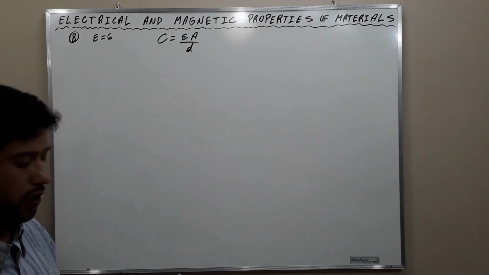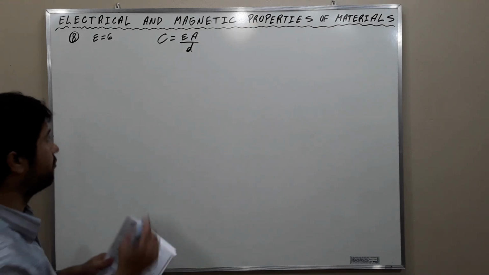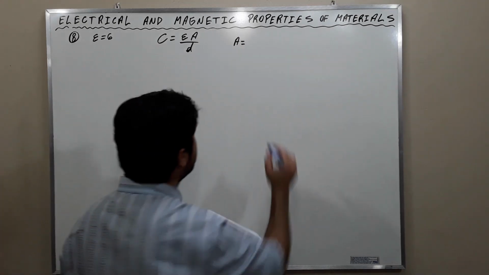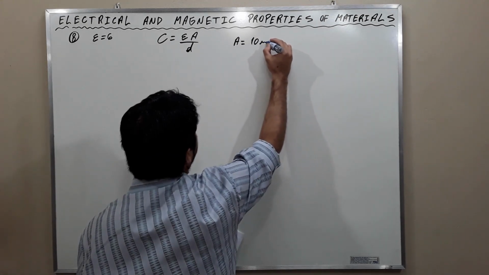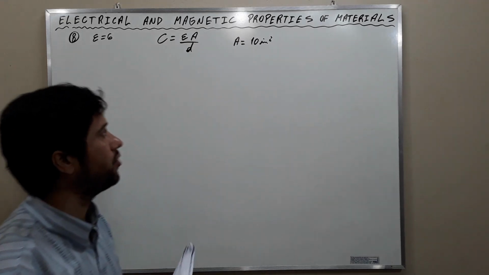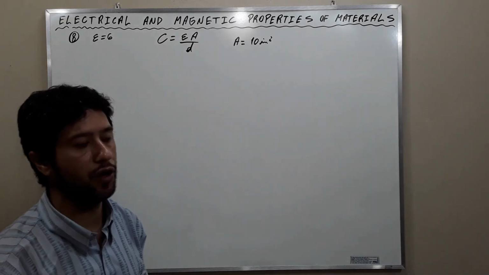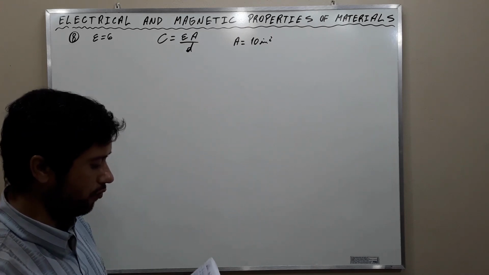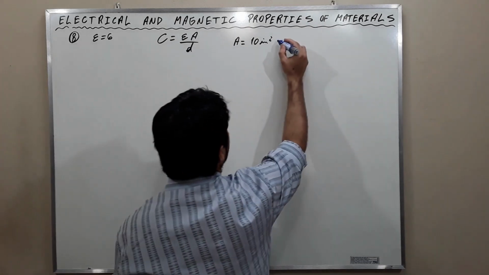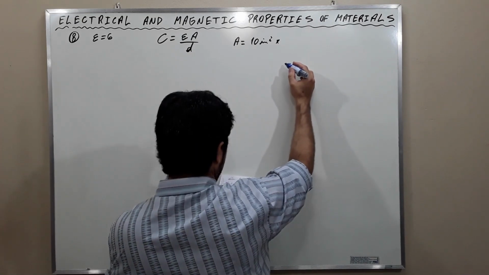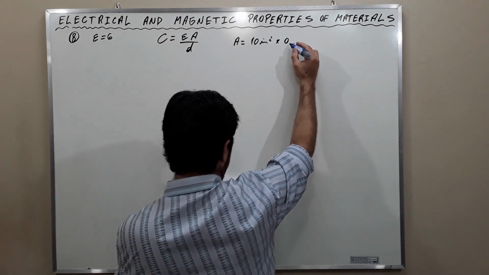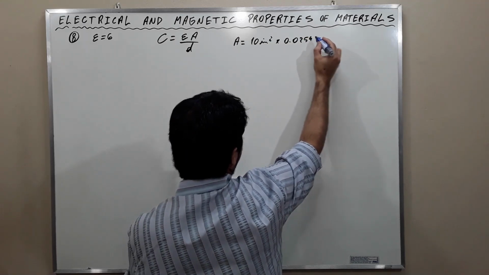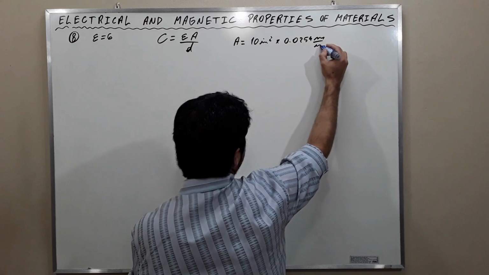For the cross-sectional area, we are going to do the following. A is going to be 10 square inches, as the exercise gave the cross-sectional area, times the unit of conversion, 0.0254 meters per inch.